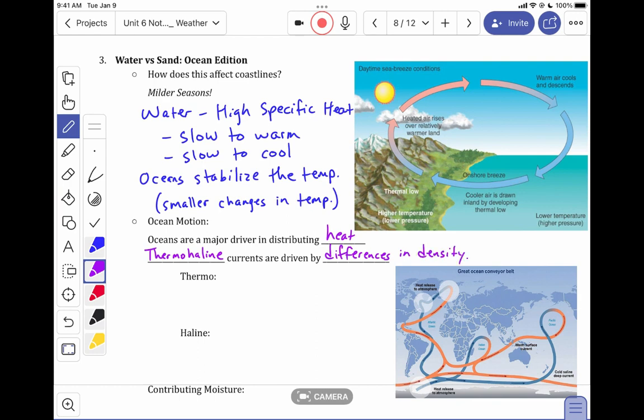And we're going to look at two different things that cause changes in density. First, thermal is going to stand for temperature. So temp or temperature. And we know that cold water, just like cold air, is more dense. So cold water is more dense.